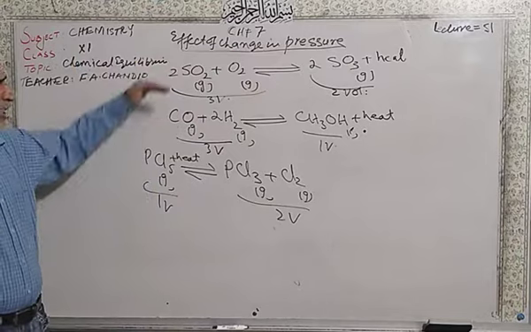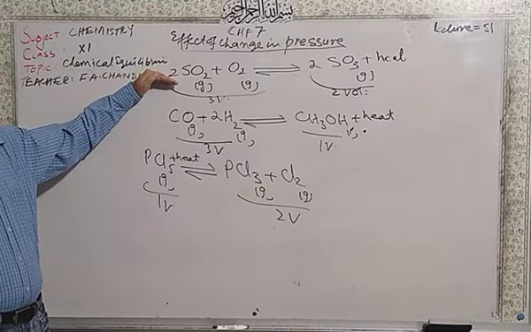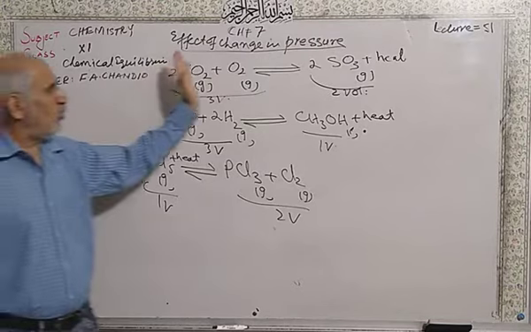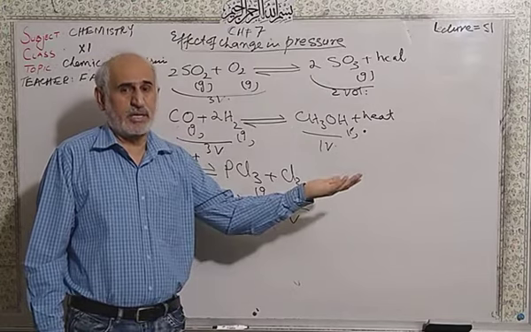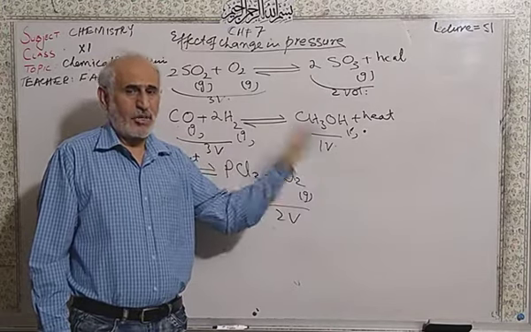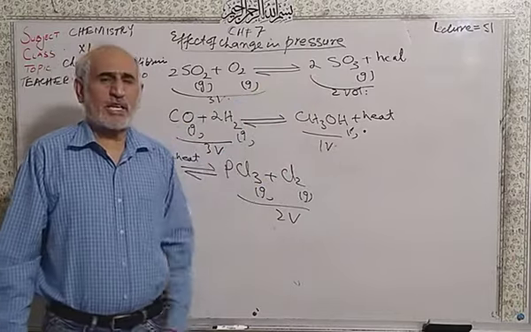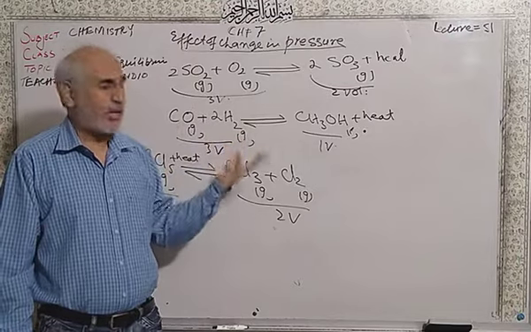So dear students, when you are applying the pressure according to Le Chatelier's principle, the system will move towards the lesser number of volume, where the exothermic is there. That's why more sulfur trioxide is going to be formed when you give more pressure.